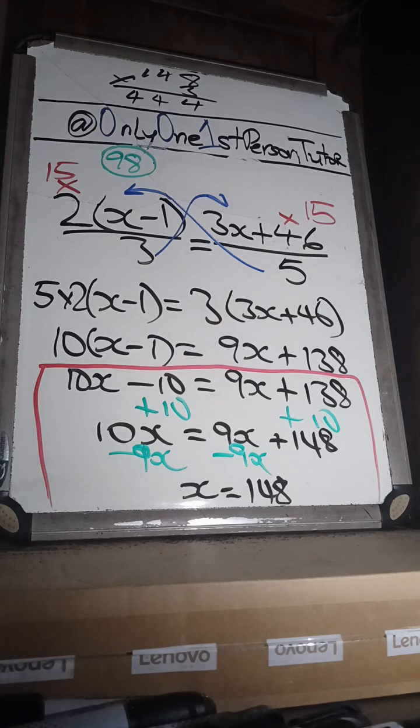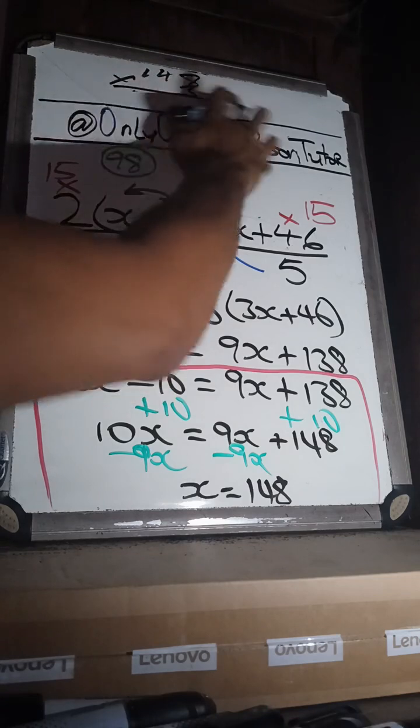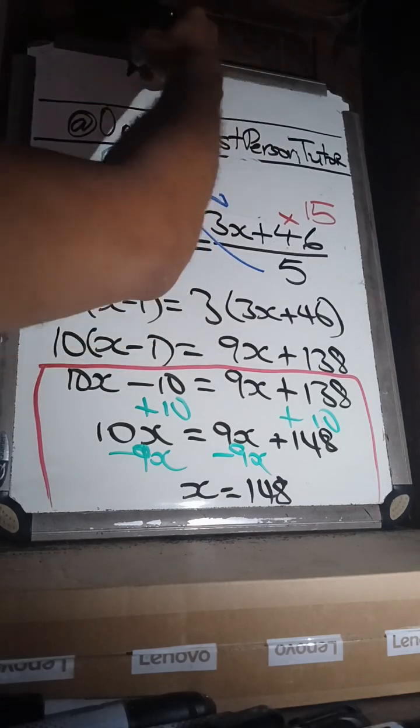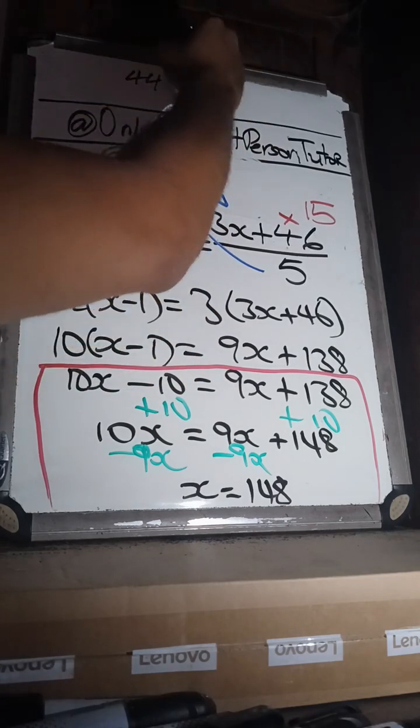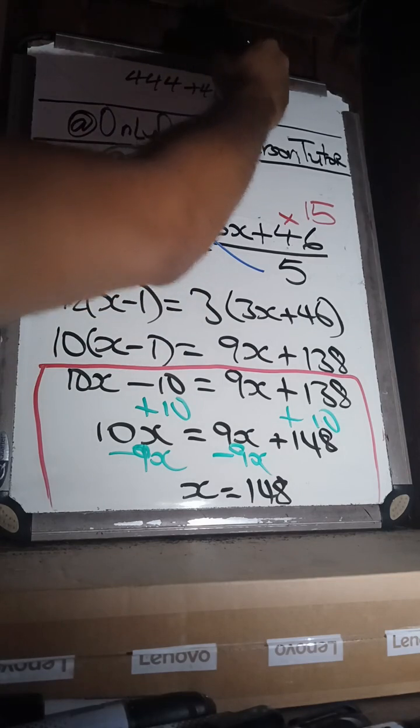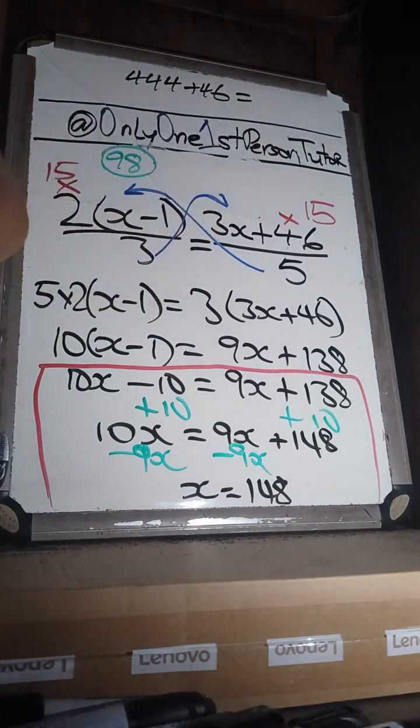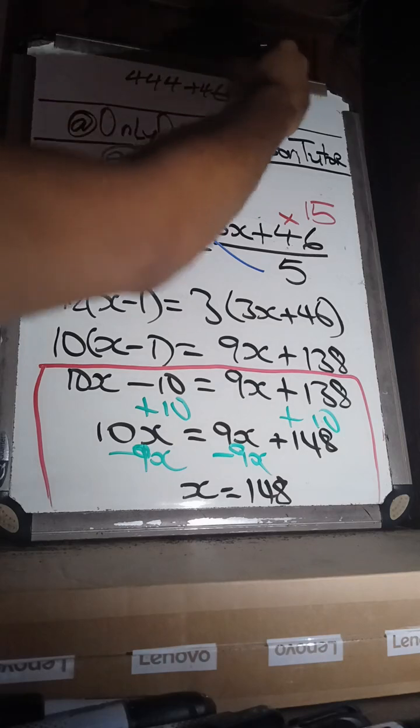Yeah, and so we're going to add that number, 444, to 46. Alright, so 444, we add that to 46. And what number is that? That's going to be 490.